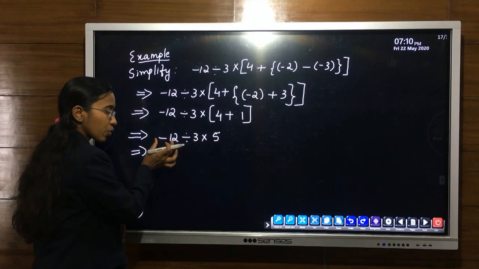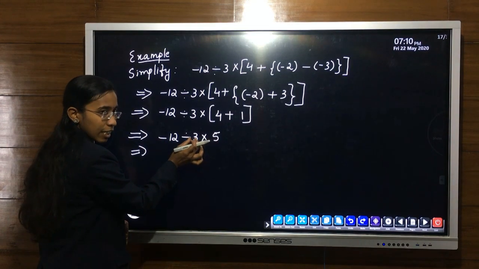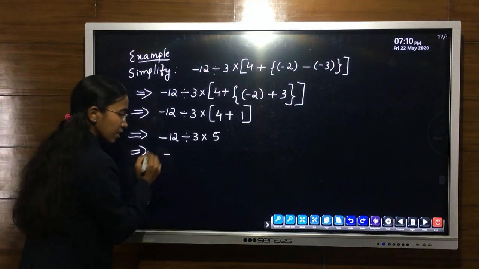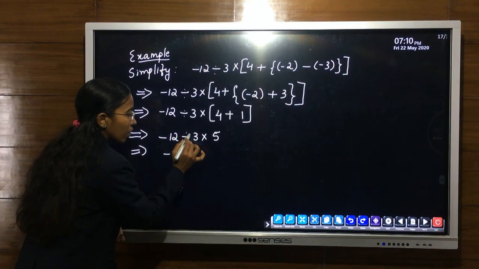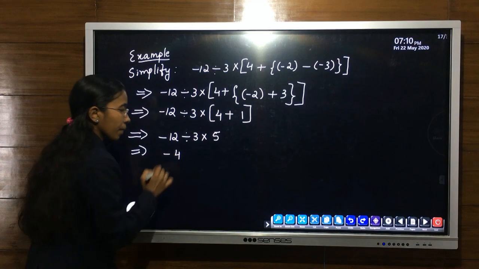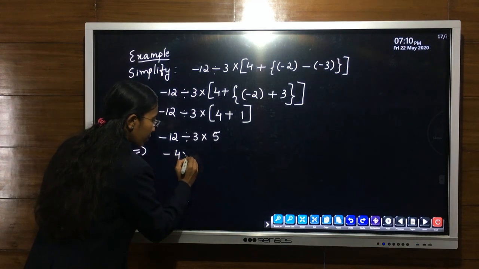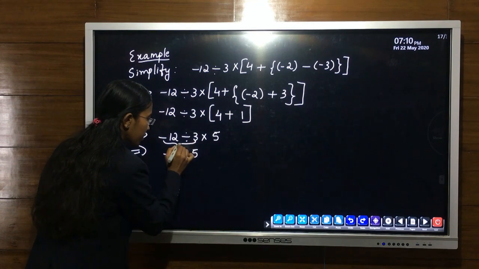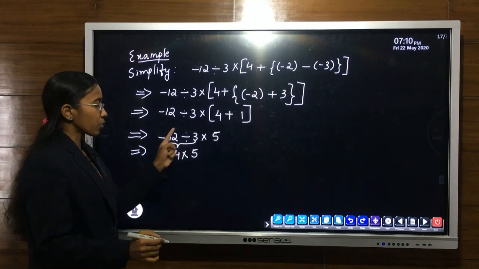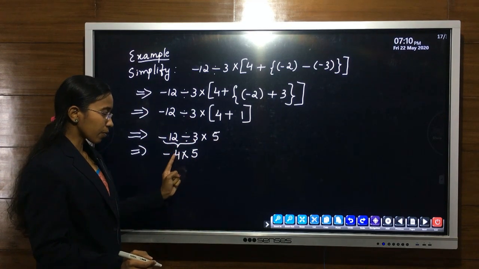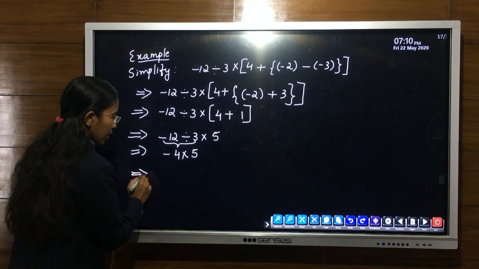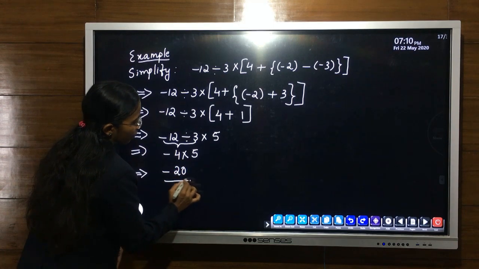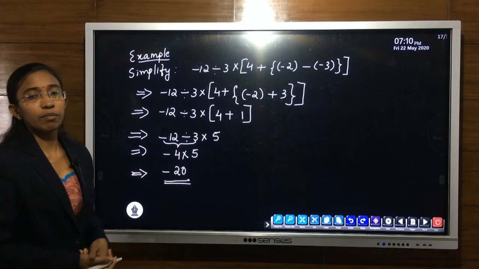Minus 12 divided by 3 means first one is negative and second integer is positive. So these are unlike integers, so our answer is always negative. So minus 12 divided by 3 is minus 4 into 5. This minus 4 is this value, minus 12 divided by 3, that is minus 4 into 5, that is equal to minus 20. So this is the answer.